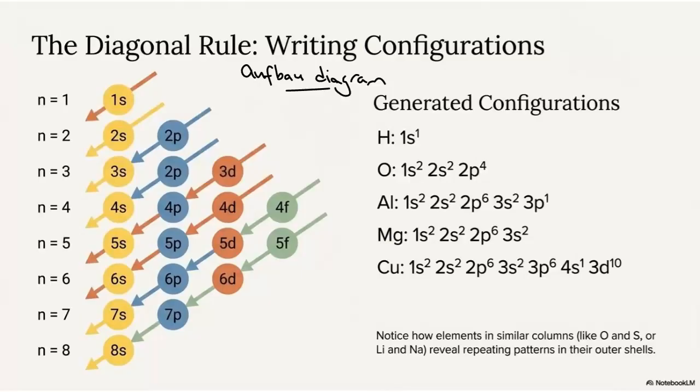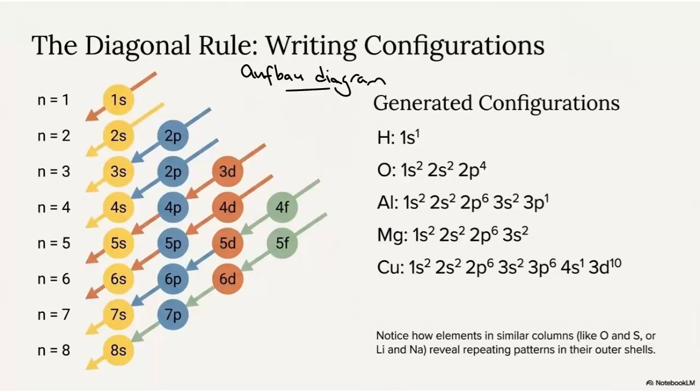So we always start at the top. N equals 1, then N equals 2, 3, 4, 5, 6, 7. I threw 8 in there. Then if N is 1, we know the number 1 refers to the level, and we only have the S from the table we just did. For N equals 2, I'm going to have a 2S and a 2P, because we can have S and P sublevels.